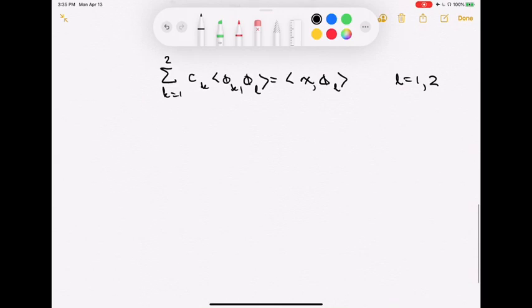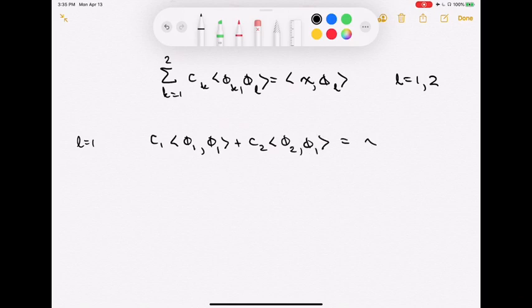Let's take a look at what these equations look like. If I expand it out term by term, I get C1 times the inner product of phi1 with, let's look at the l equals 1 case first, phi1, plus C2 times the inner product of phi2 with phi1.